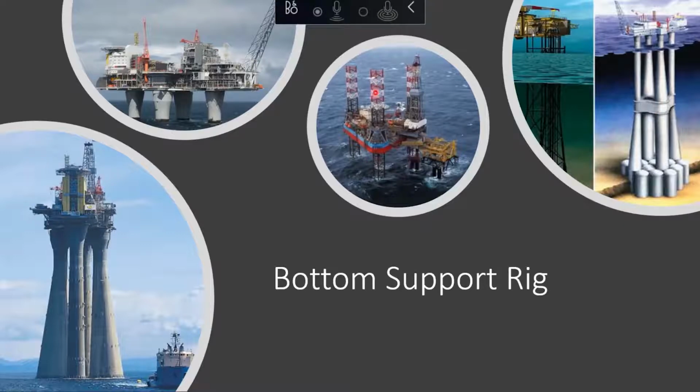And this is a jackup type of rig. The jackup rig can lift its legs up to a certain position, and then it can be towed and mobilized from one platform or drilling area to another. Gravity base can move as well.